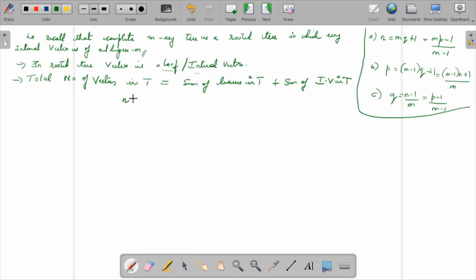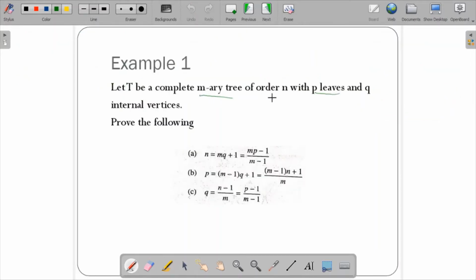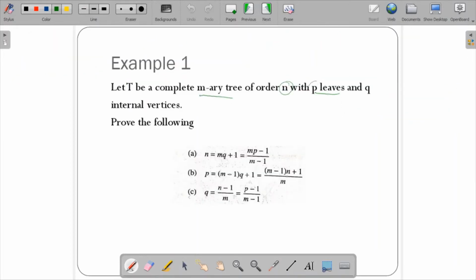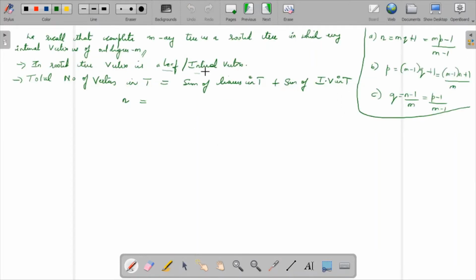Then the total number of vertices he has given in the question itself. Let T be a complete tree of order n. Order n means it is nothing but the vertices. So n is nothing but the sum of leaves in T as well as the sum of internal vertices. He told us to consider p as leaves and q as internal vertices, so we take it as p plus q. This equation we take as 1.